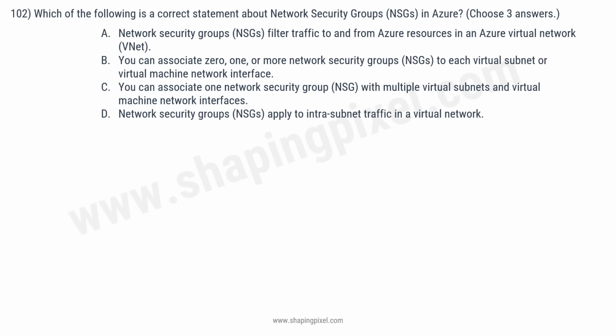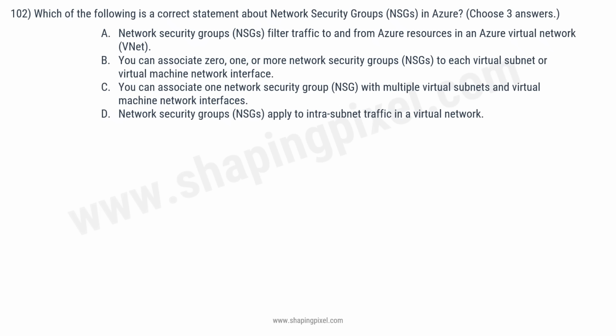So question number 102, which of the following is a correct statement about network security groups, NSGs, in Azure? Choose three answers. Option A, network security groups filter traffic to and from Azure resources in an Azure virtual network, VNet. Option B, you can associate 0, 1 or more network security groups to each virtual subnet or virtual machine network interface.